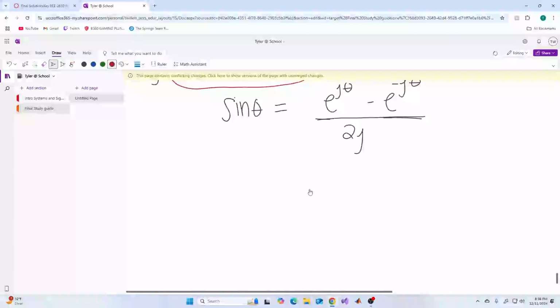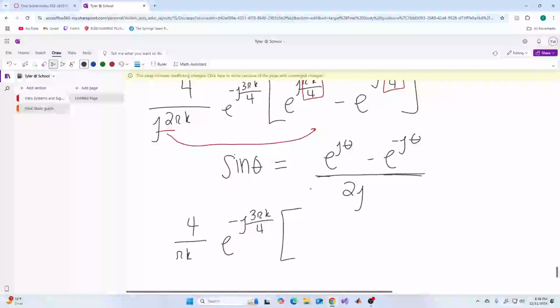So I'm going to get 4 divided by pi k, e to the negative j 3 pi k divided by 4 times e to the j pi k divided by 4 minus e to the negative j pi k divided by 4, all divided by 2j.